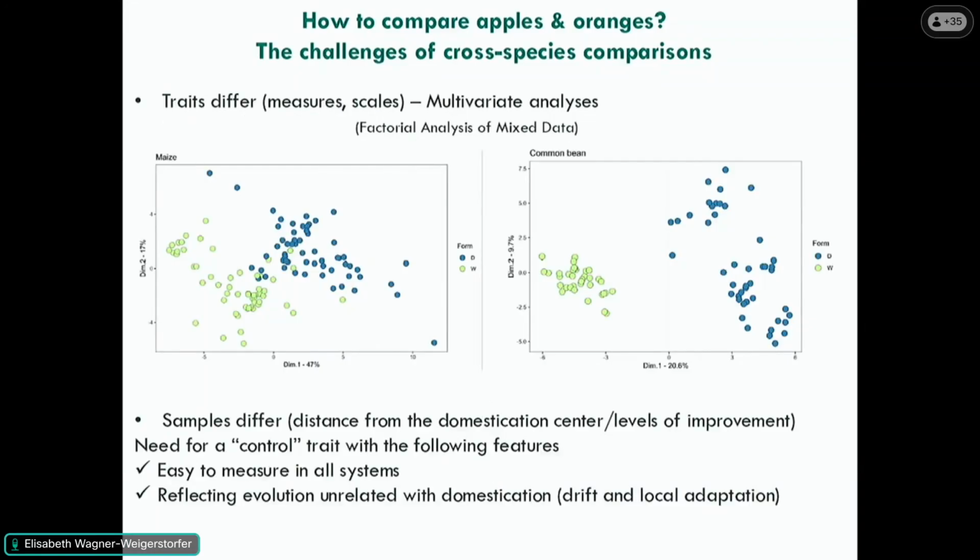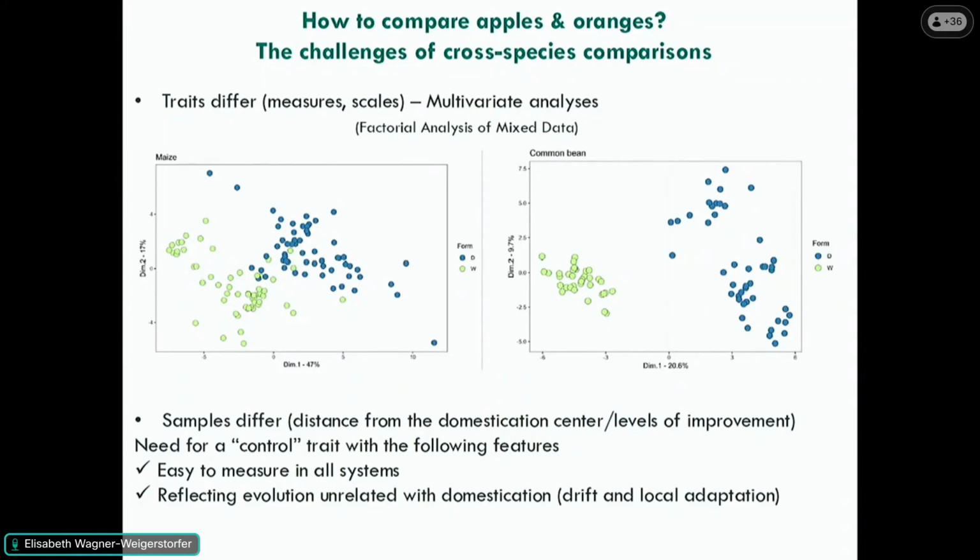And we bumped into these challenges of cross-species comparison because traits differ in their measures, in their scales. So to deal with this, we performed a multivariate analysis, factorial analysis of mixed data, that allowed us also to mix quantitative and qualitative traits, because we also measured traits related to the color of the flowers, and so really qualitative traits.